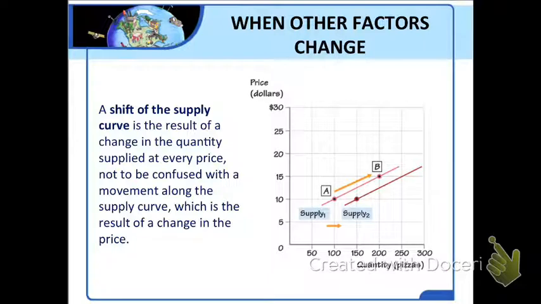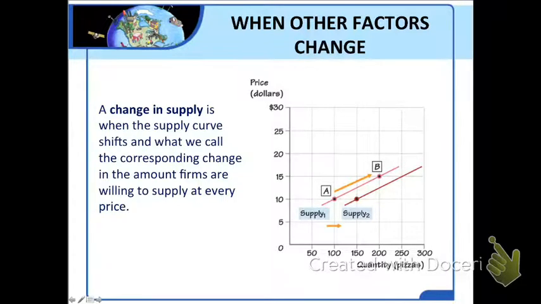But sometimes pizza shops become willing to supply more pizzas for $10 than before, and more for $15 than before. If the quantity firms are willing to supply changes at every price, there is a shift of the supply curve.